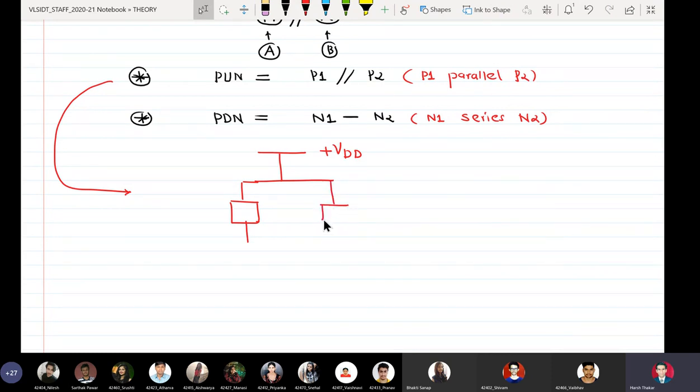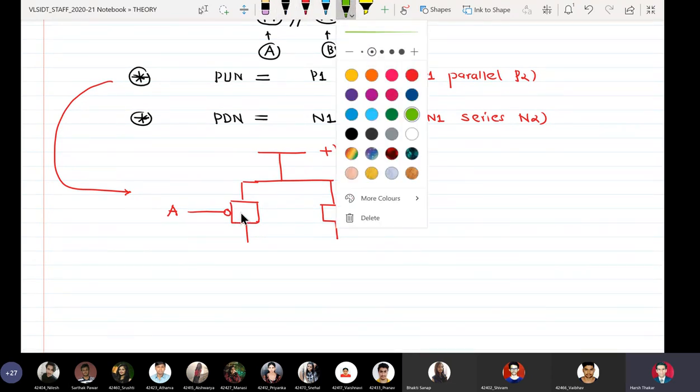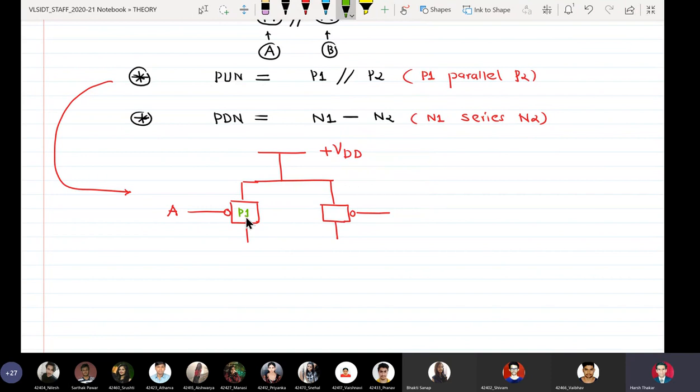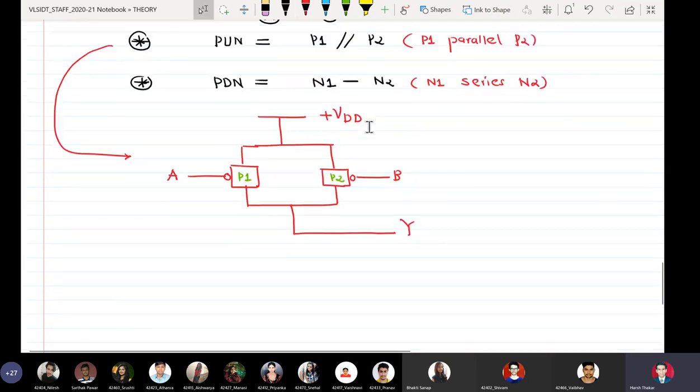This is P1, this is P2. Bubbles indicate it is a PMOS. Here I apply the variable A to the first PMOS. If you want, I will write down the names inside. So P1, P2. Variable A applied to P1, variable B applied to P2. P1 parallel P2 is there. Now the pull-up network is over. From here I have the output Y.